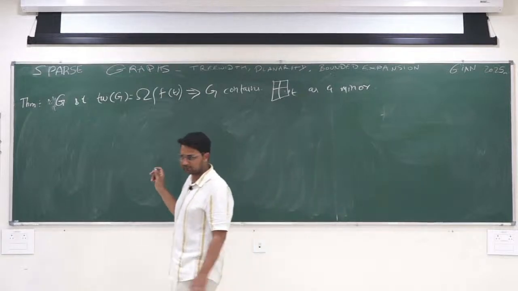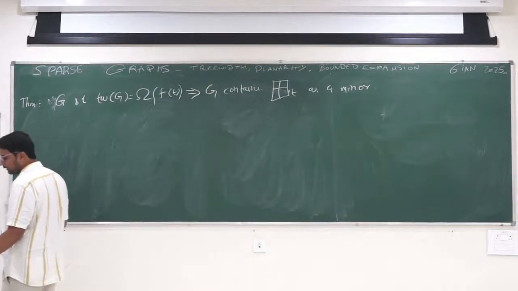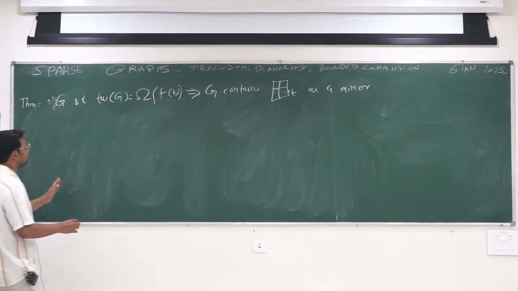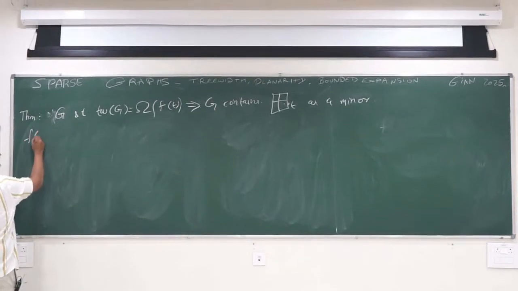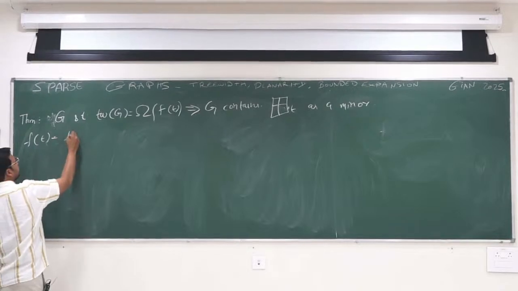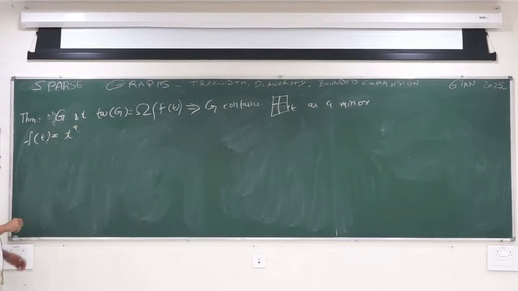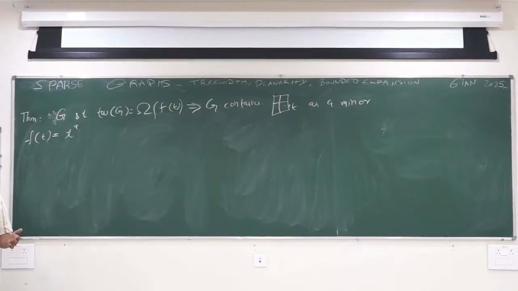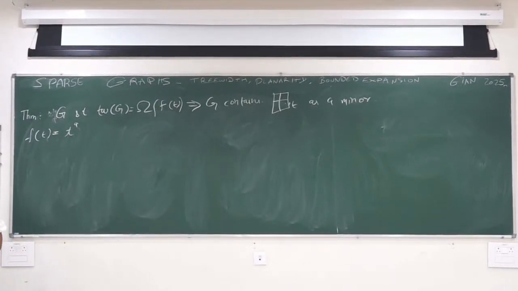This we saw last time. And for general graphs, I guess this f of p was p to the power 9. But when we are restricted to planar graphs, this theorem can be improved significantly.